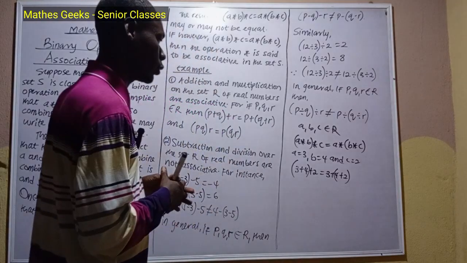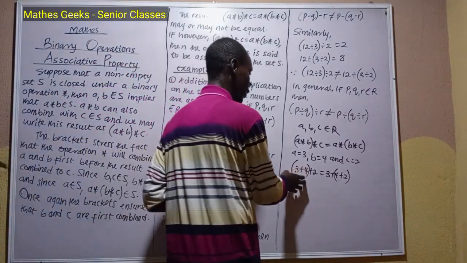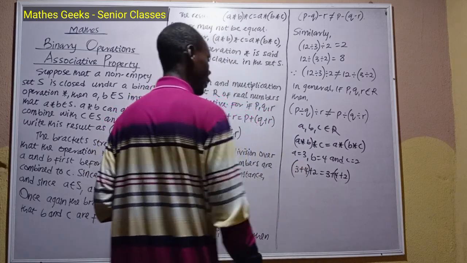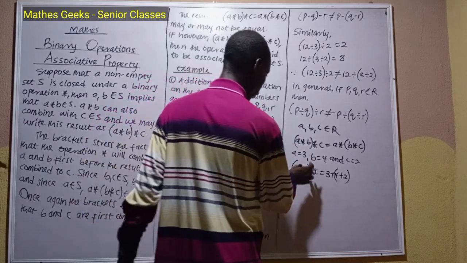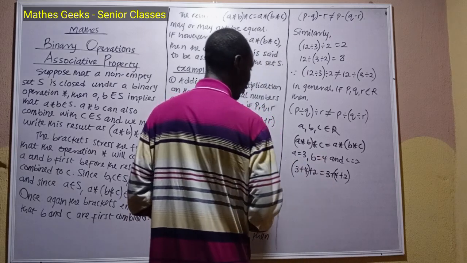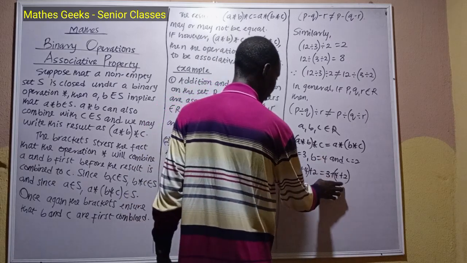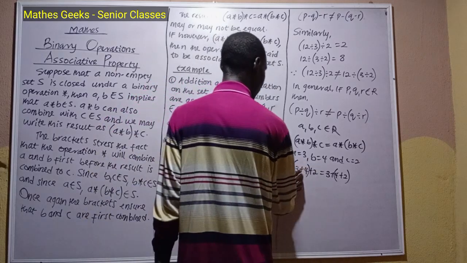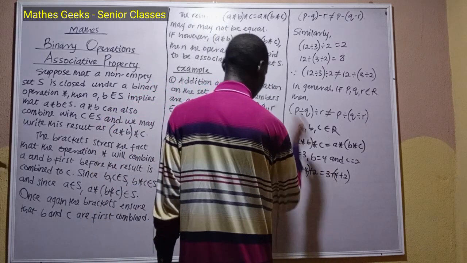If what we get here is the same as what we get here, that means the operation addition is associative. But if what we get after simplification is not the same, it means that addition is not associative.